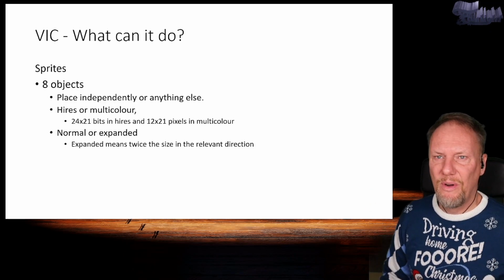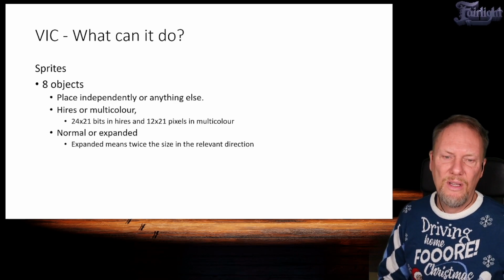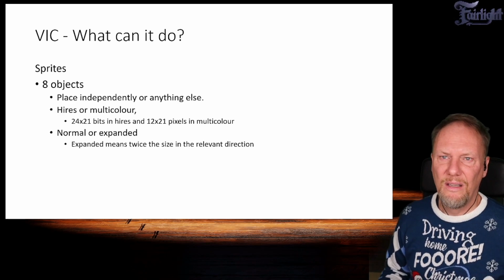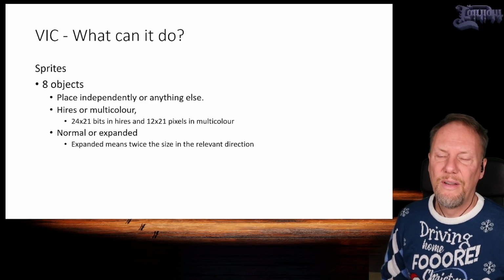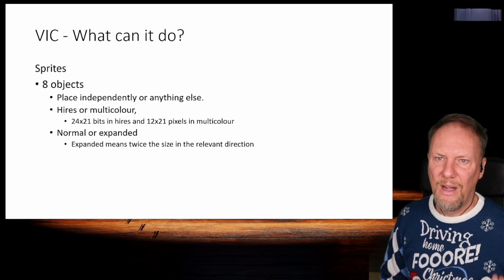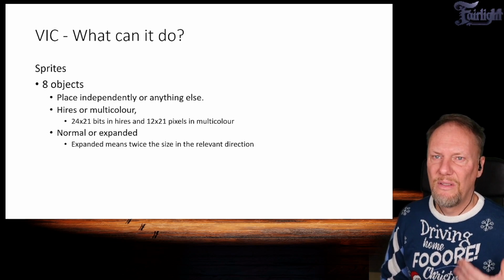Here you can just move it around. It's not messing with the underlying characters or bitmap. It's totally independent. And like the color modes of the screen, these come in a high-res version and a multicolor version.